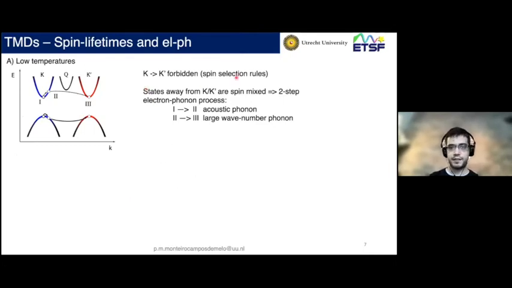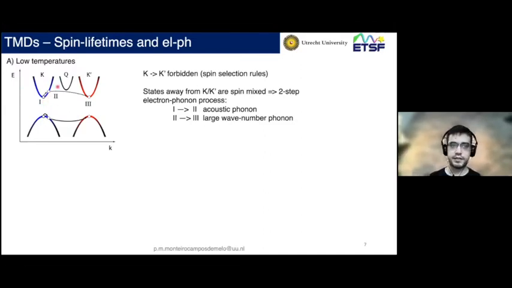The first thing we need to remember is that a transition from K to K prime is basically forbidden because the wave functions at the edges are basically pure spinors. And so via electron-phonon, you cannot have this process. You cannot go from an electron that is spin up to an electron that is almost spin down.